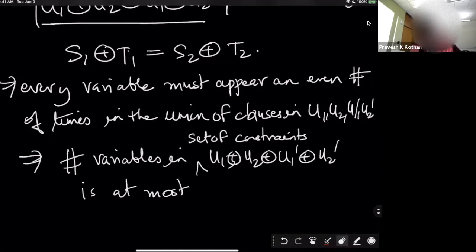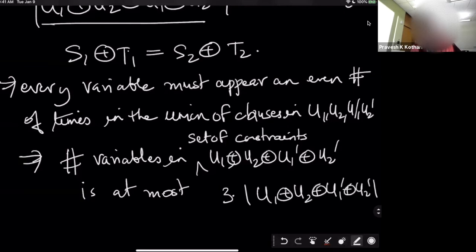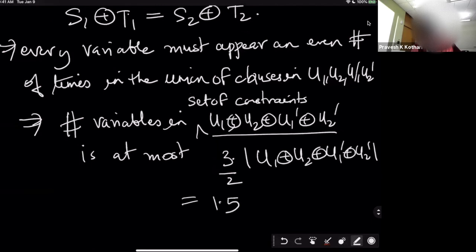If each constraint contributed 3 variables, then I would get 3 times the number of clauses here. But because each variable must occur twice, I am double counting the variables. So the number of variables in the union of constraints appearing in the set is at most 1.5 times the size of the set.